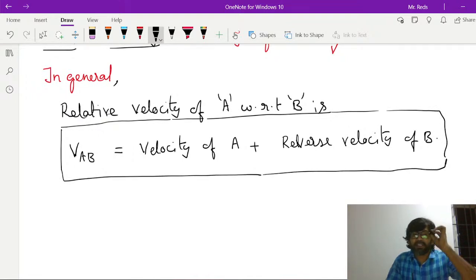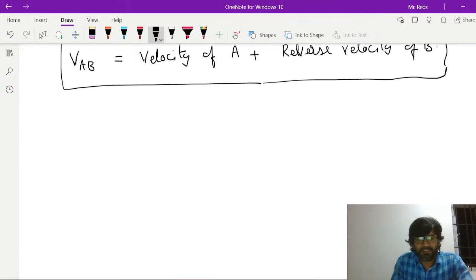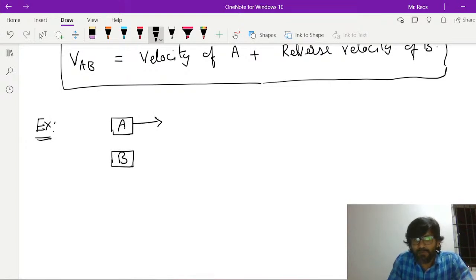So let us see some simple cases. For example, there are two bodies, body A and body B. Body A is moving with velocity VA towards right and body B is also moving towards right with a different velocity VB, so VA is not equal to VB.